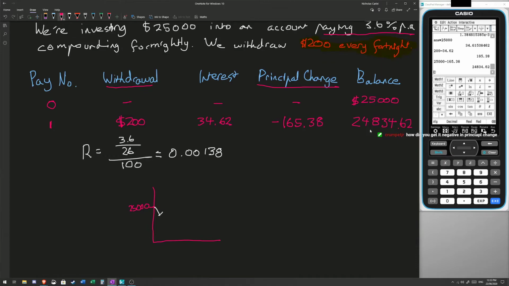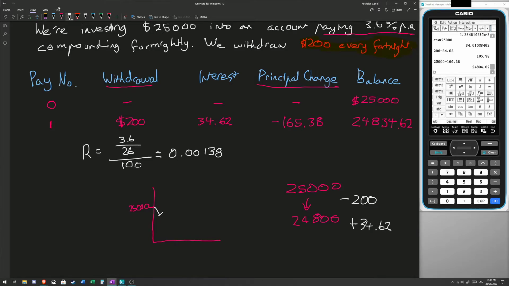So again, our withdrawal, our money is going down. So if we're at 25,000, let's say there's no interest or anything. If we just take out $200, our balance is going to go down to $24,800, right? We've lost $200. So we can think about that as we're going down $200. Okay? But then we get interest. So we have to then add on our interest of, it's $34, not 64. $34.62.